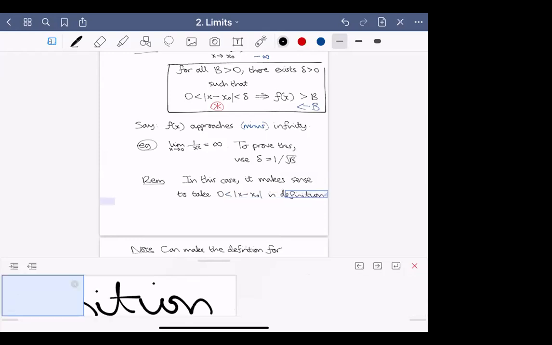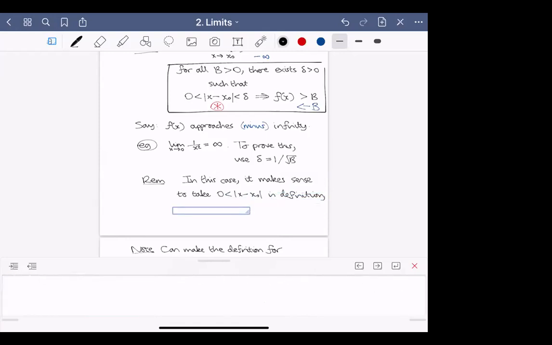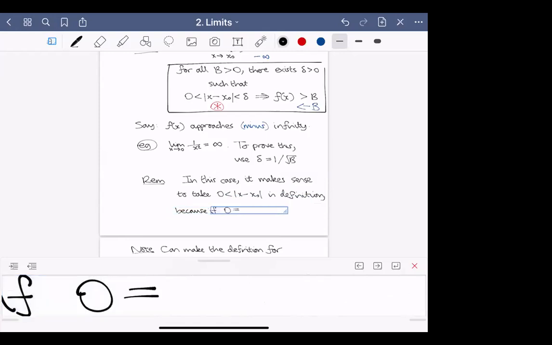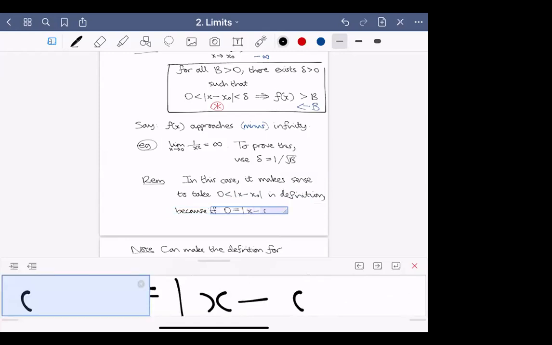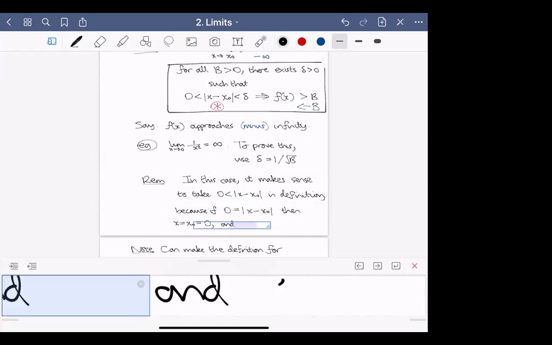And why is that? Because if that absolute value is equal to 0, then x equals x0, which in this case is 0, and the function is not defined.